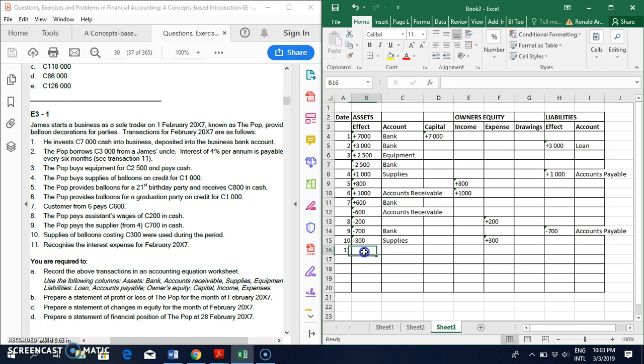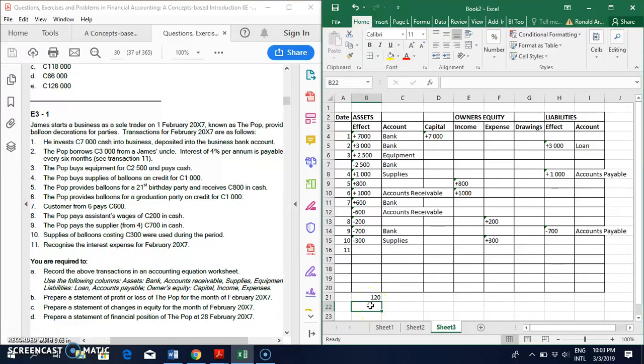Transaction number 11 says recognize the interest expense for February. So if it's 3,000 Rand that we took out as a loan at 4% per annum, we say 3,000 Rand multiply by 4%. So that's how much it is for a year.